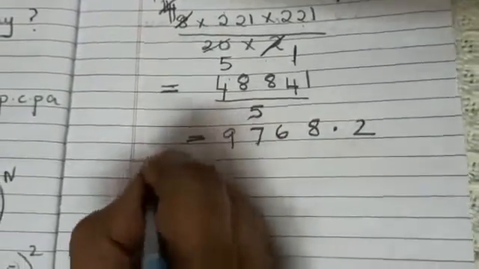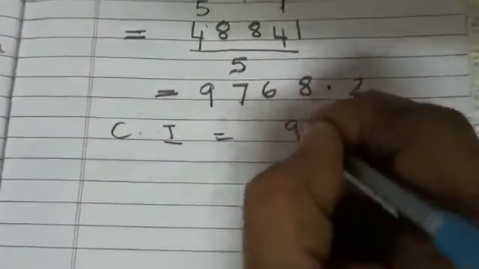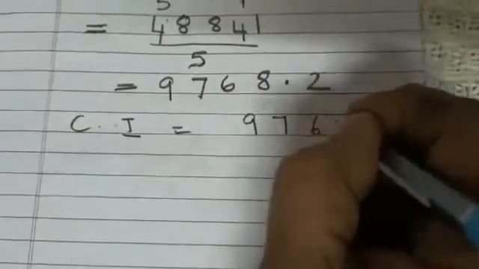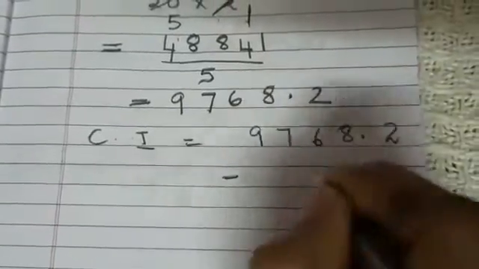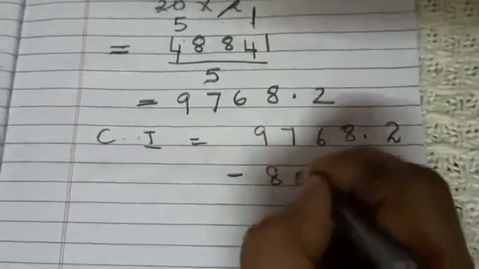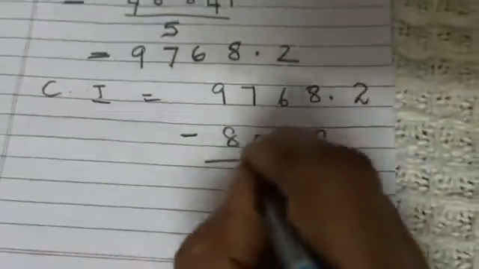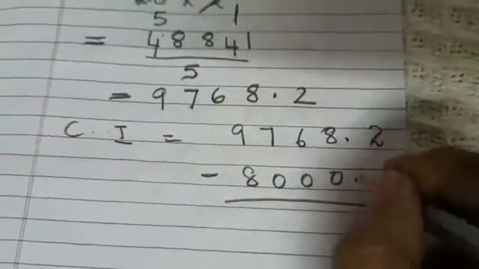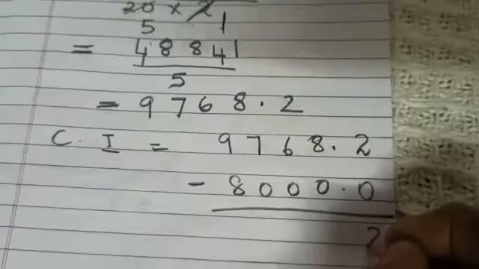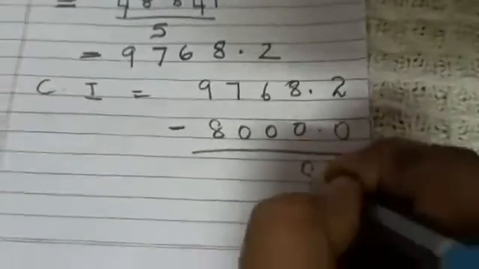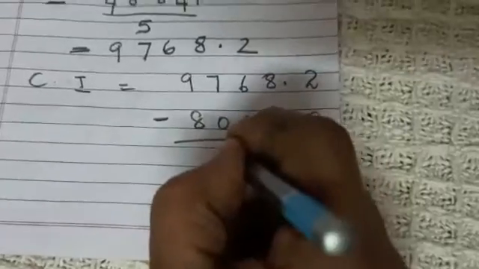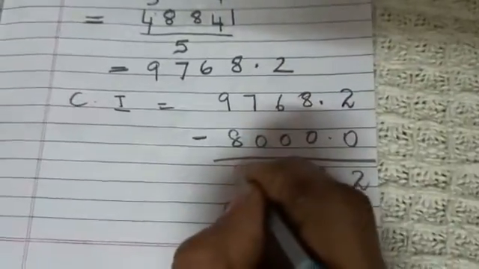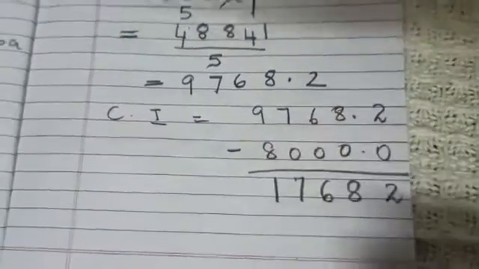Now in this sum, they asked us how much compound interest will Shalaka have to pay. So for the compound interest, we have to take the amount, which is 9768.2, and subtract it from the principal, which is 8,000. And we'll get 2 minus 0 is 2, 8 minus 0 is 8, 6 minus 0 is 6, 7 minus 0 is 7, and 9 minus 8 is 1.